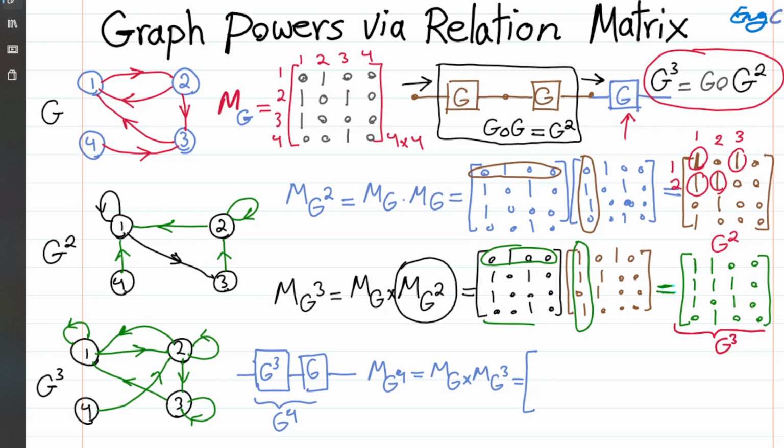So I'm going to copy paste this matrix for G here, and we need to copy paste the matrix for G cubed.